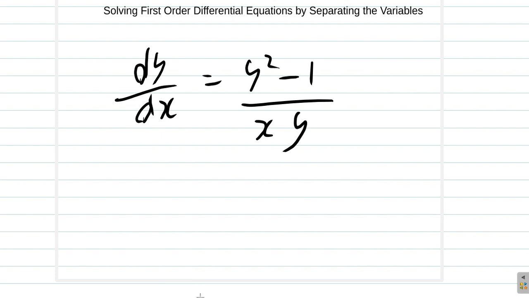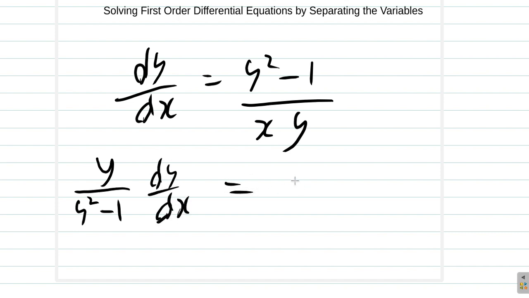Alright, so let's see what happens now. Suppose we multiply both sides by y, divide by y squared minus 1, dy by dx equals, and we have over here, it would be 1 over x, but then we multiply by dx.